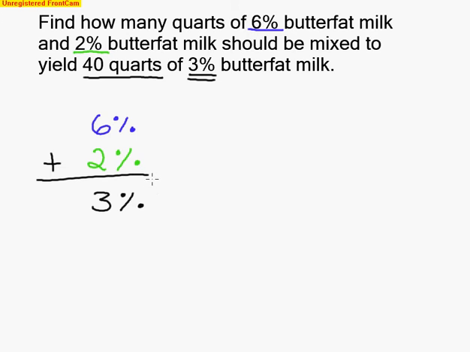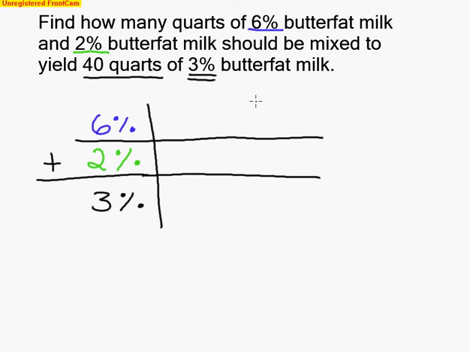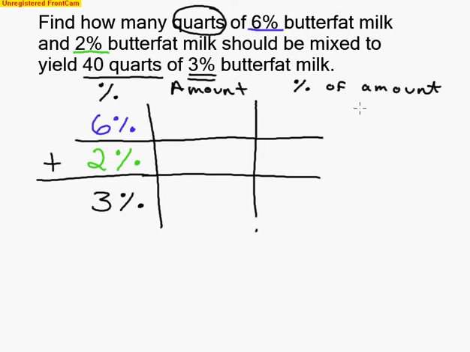We're going to create a chart of a sort here, in which we have the percentages, then the amount, or in this case we are talking about quarts, and then finally the percent of the amount. We'll hold on to that last bit of the chart for a second because it's a little bit funky.